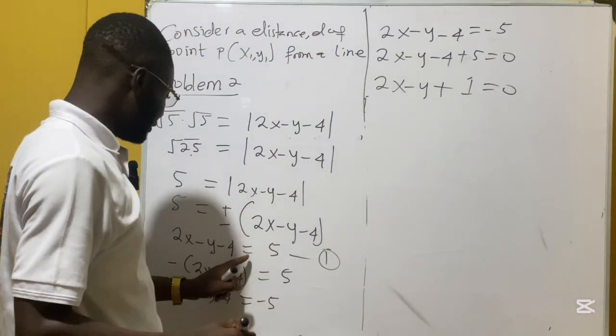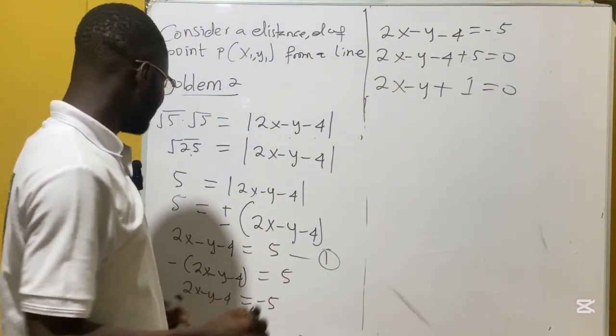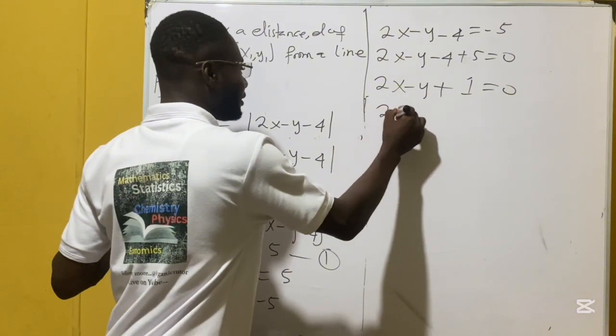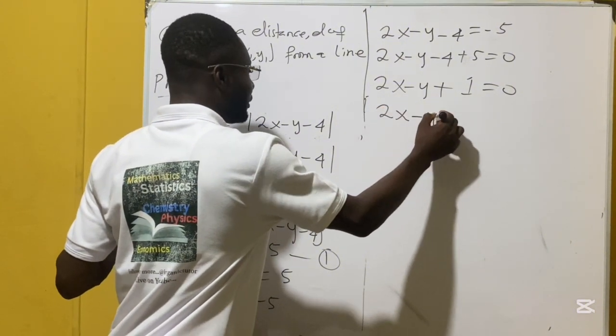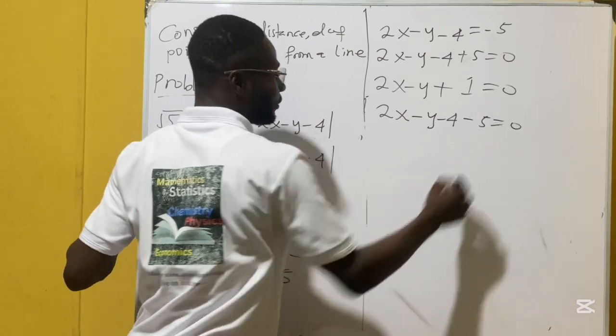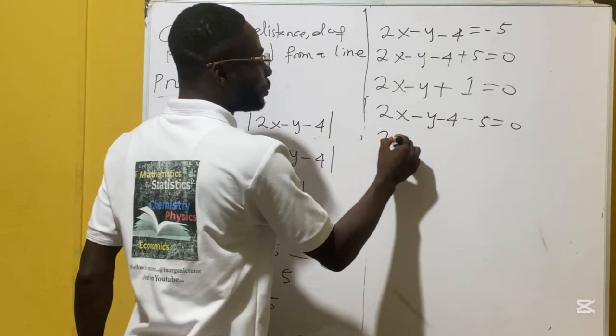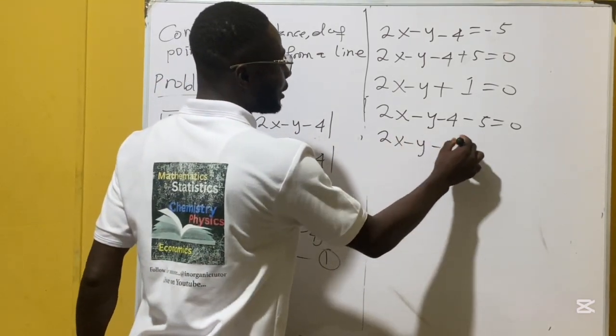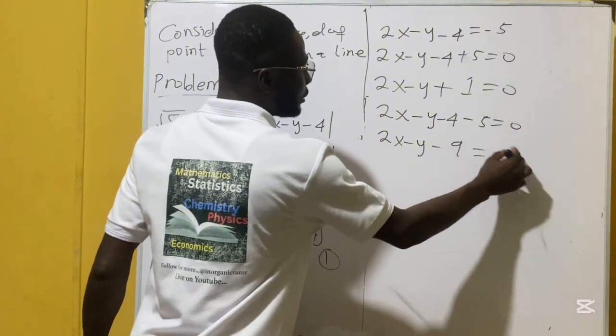Okay? And with regards to equation 1, we can say that we have 2x minus y minus 4 minus 5 equals 0, right? So we have 2x minus y minus 9 equals 0.